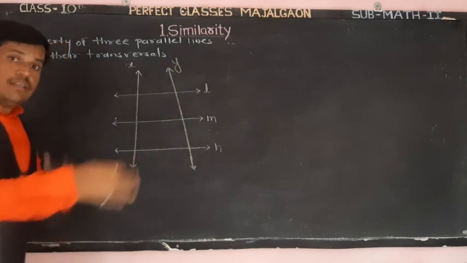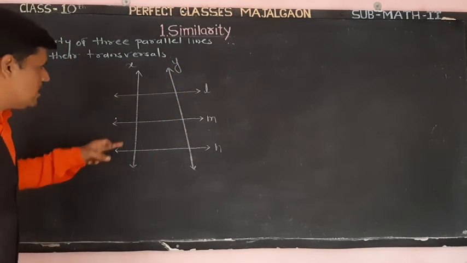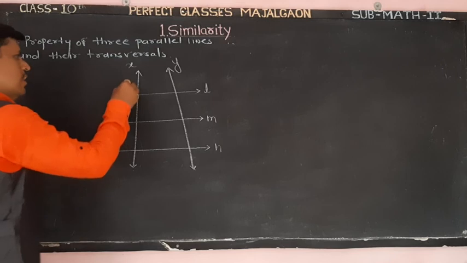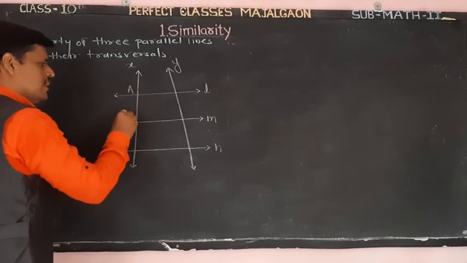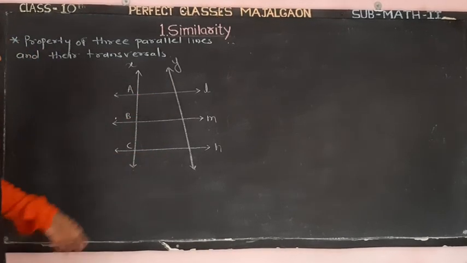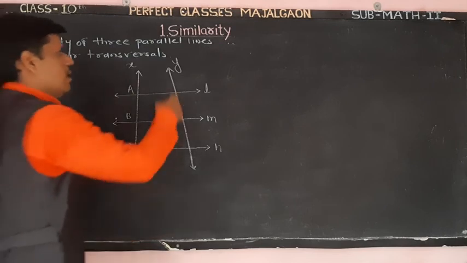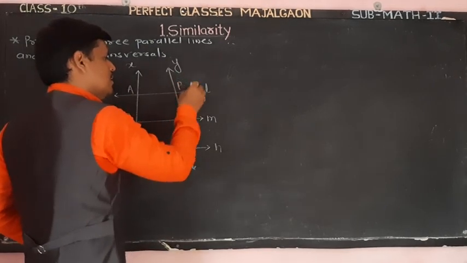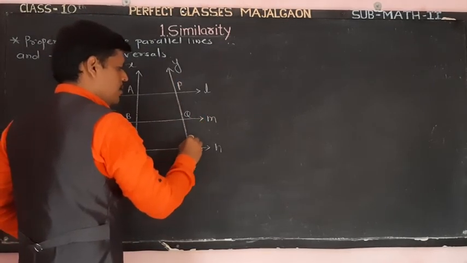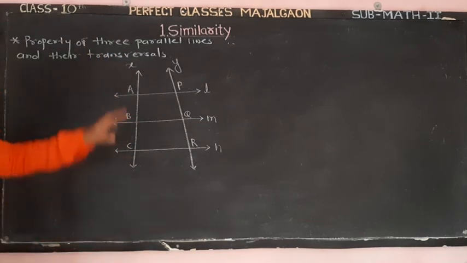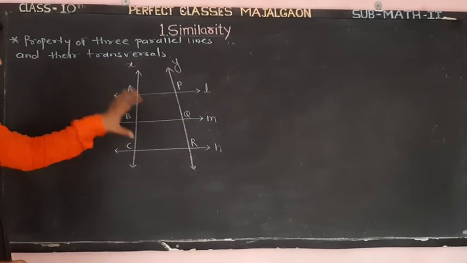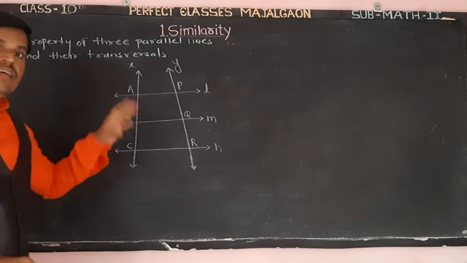The transversal X intersects these three parallel lines at points A, B, C, and transversal Y intersects these three parallel lines at P, Q and R.